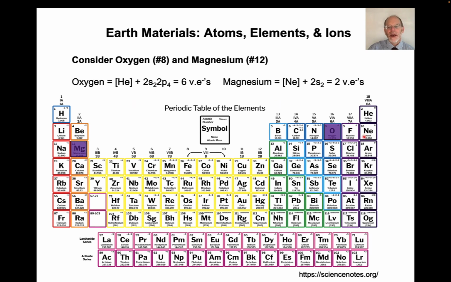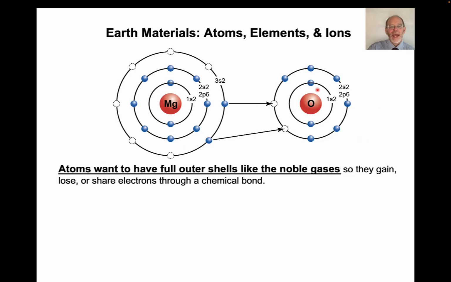Magnesium has a neon core plus 3s2 valence electrons. In general, magnesium would like to lose 2 electrons so that it empties out its outer shell, while oxygen would like to gain 2 electrons so that it would fill its outermost shell.